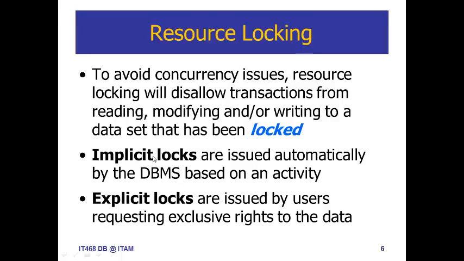In practice, implicit locks issued by the DBMS are much more common than explicit ones, for the reason that it's more efficient, easier to control, and easy to modify as well.